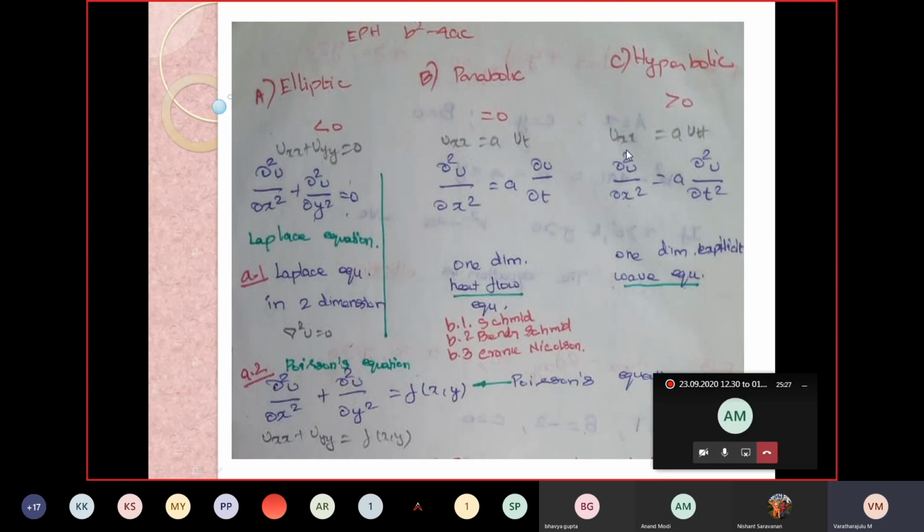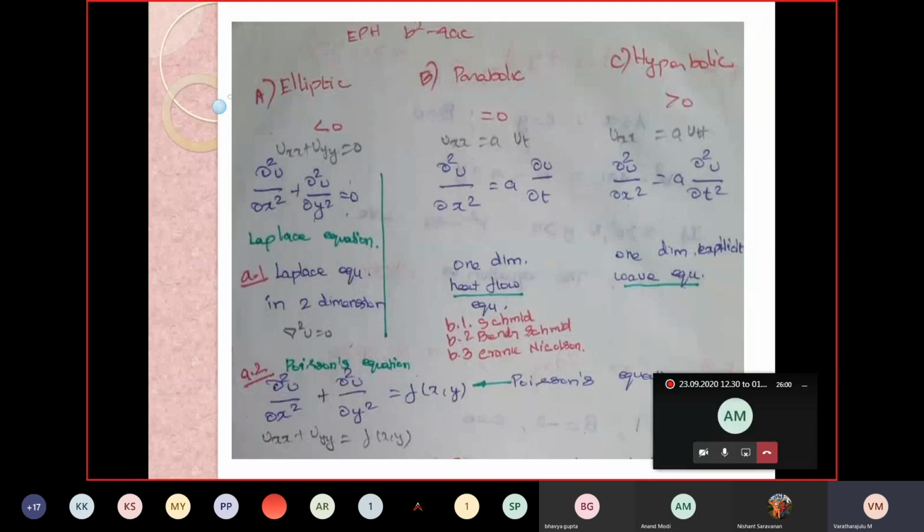The form ∂²u/∂x² = a ∂²u/∂t² can be written in the form ax² + bx + c = 0, and we will get B² − 4AC greater than 0. Therefore, these equations can be categorized under hyperbolic. The wave equations are examples of hyperbolic, and this is what we are going to visit in unit 4.